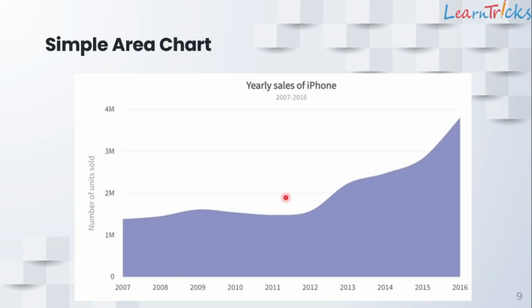But in an area chart, we join the points using a spline, or a curved path, so all the points are smoothly connected, and the area below those points is colored. That is called a simple area chart. The area shows your quantity, or the value on the y-axis. If the colored area is more, your y-axis value is more. So this is the simple area chart.